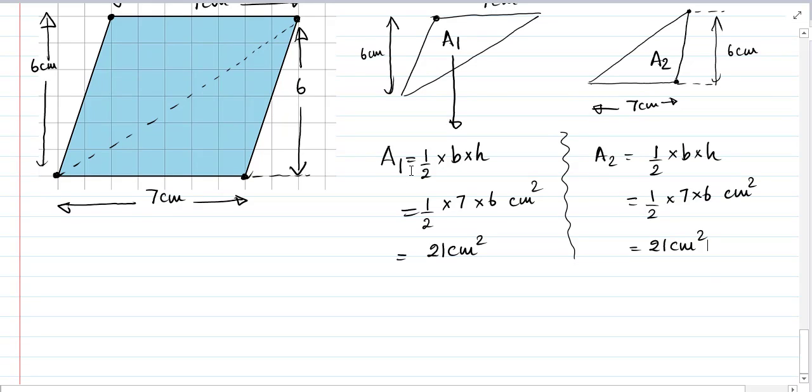Now what would be the total area? Sum of these two areas will be the area of this parallelogram.